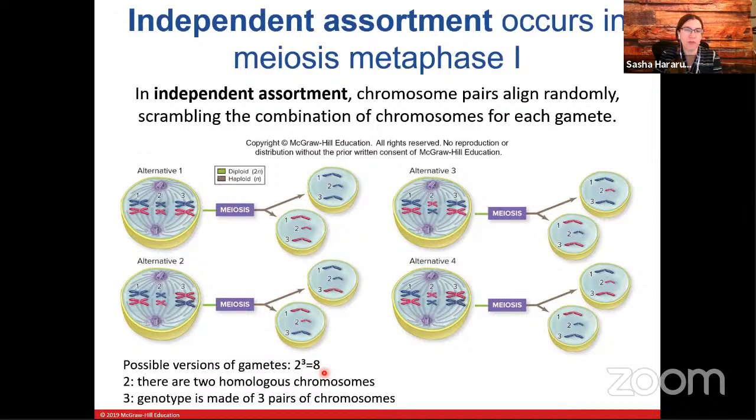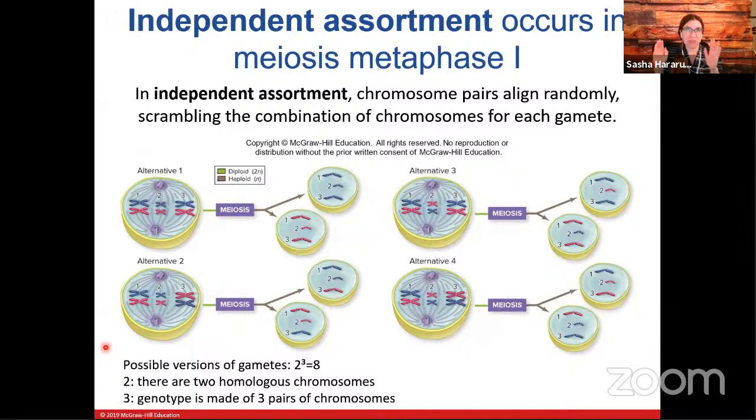So humans have 23 pairs of chromosomes, so to calculate the number of possible versions of gametes in humans, we would need to raise 2 to the power of 23. And that produces a fairly huge number. It's around 8.4 million.